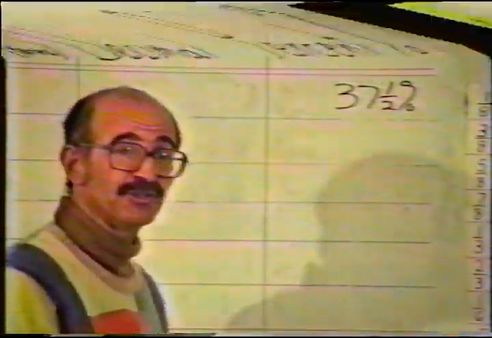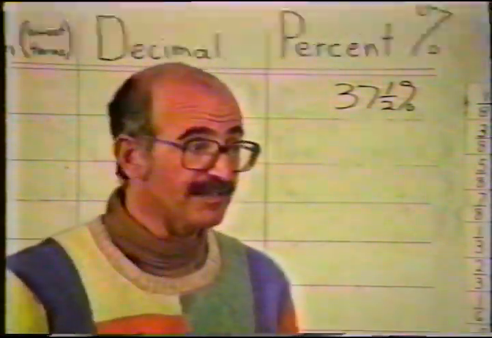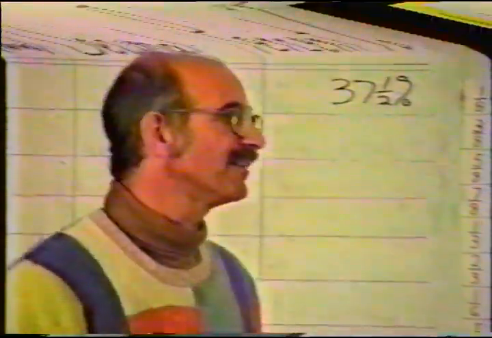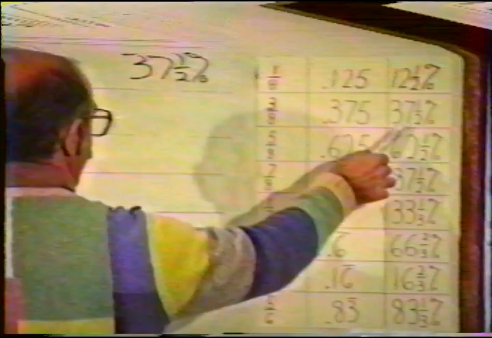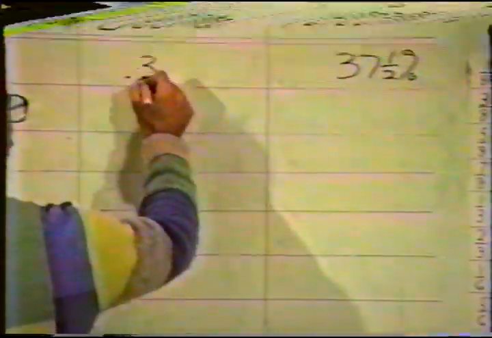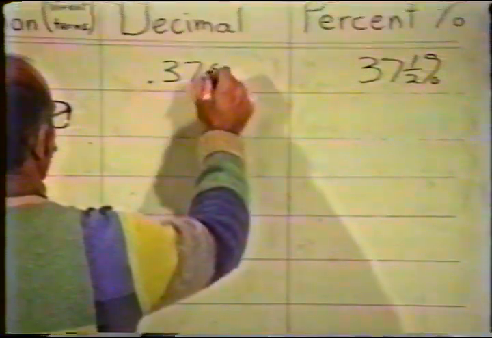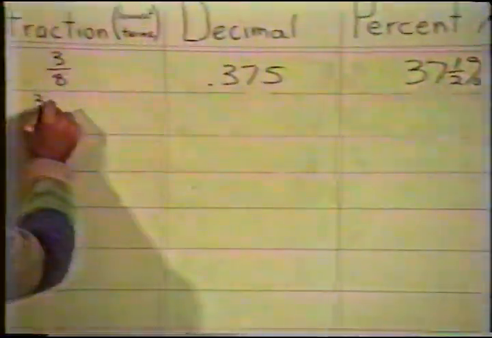How did you know that so quickly? It's a memory percent. It's a memory percent right here on our chart, and the decimal is 0.375.